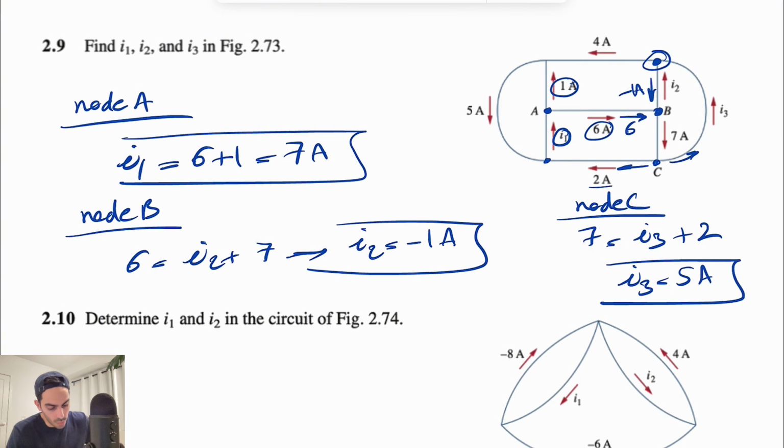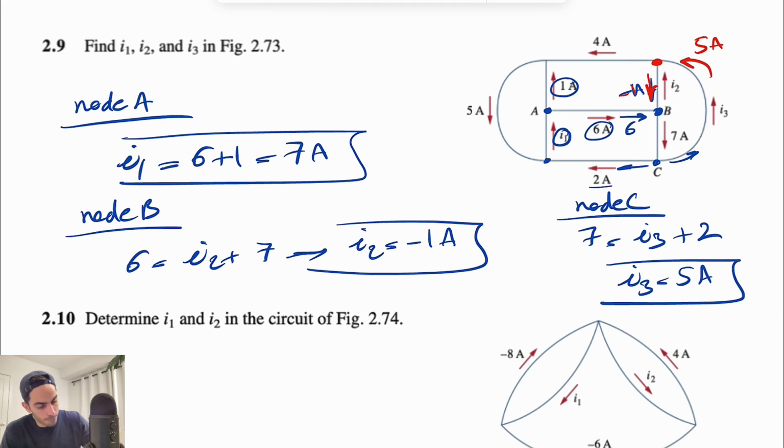We can also, just to verify our answer, move on to the node that I was talking about, this one in here, to check that everything is fine. I3 is entering, it's 5 amp, and this is the correct direction for I2.